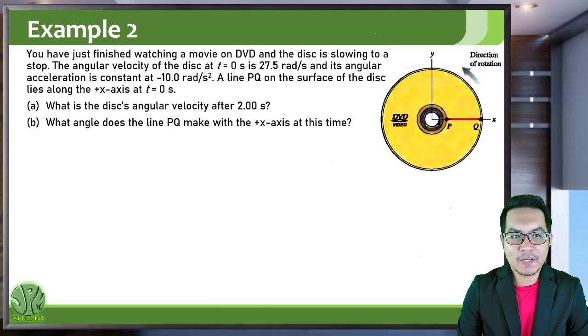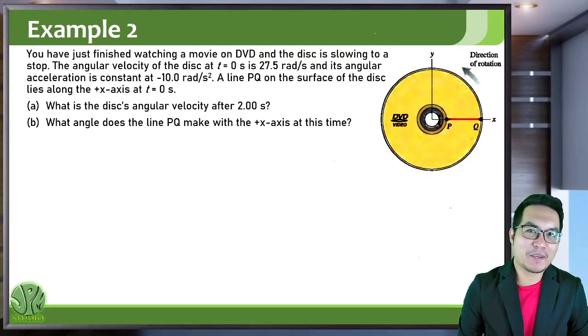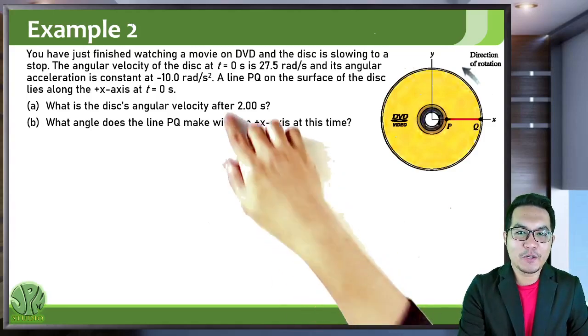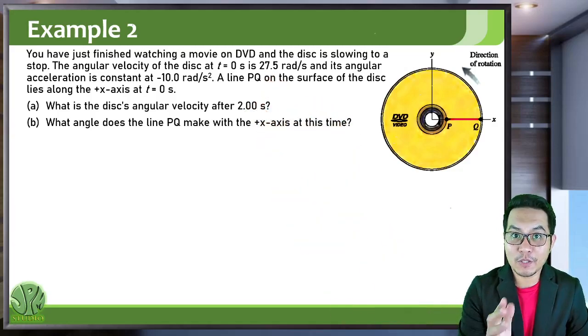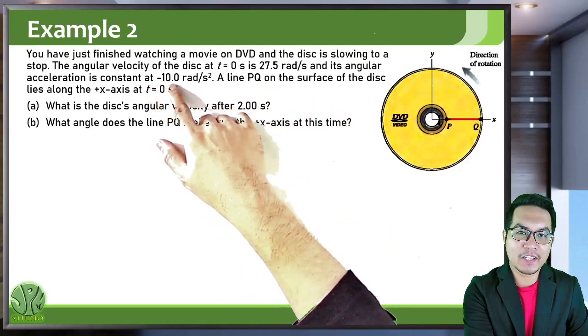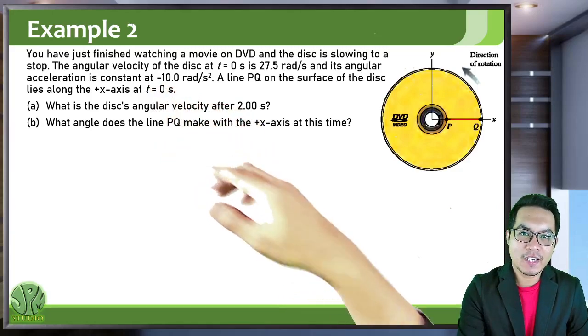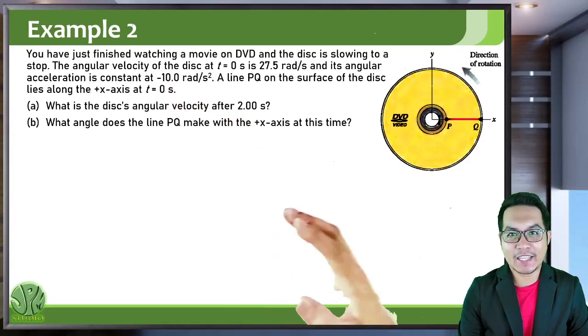Okay. First question, what is the disk's angular velocity after 2 seconds? Actually, you can just use manual calculation here for letter A. You know that the initial angular velocity is 27.5, the velocity at the start. And the acceleration is negative 10 radians per second squared, meaning every 1 second, the velocity will decrease by 10.